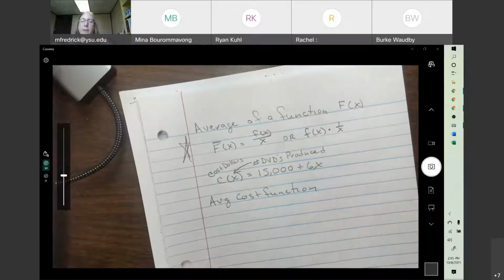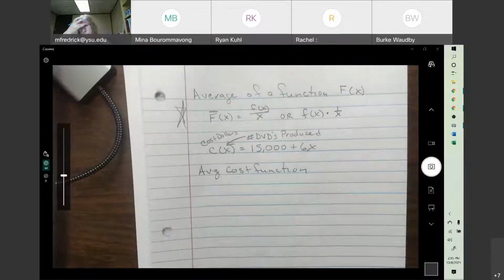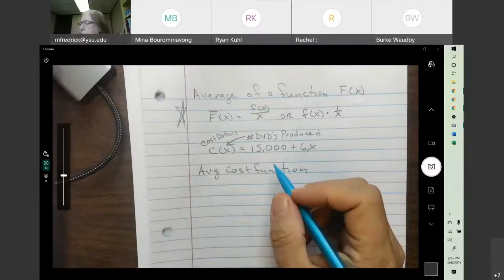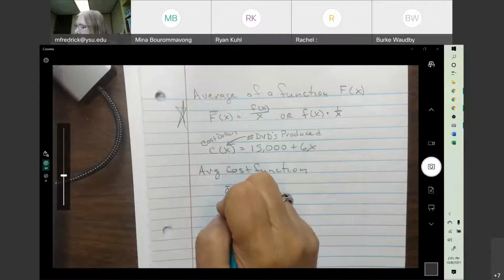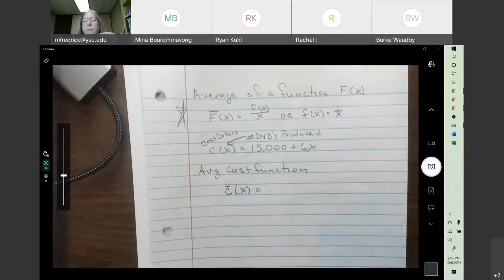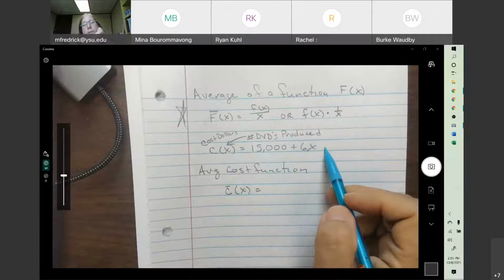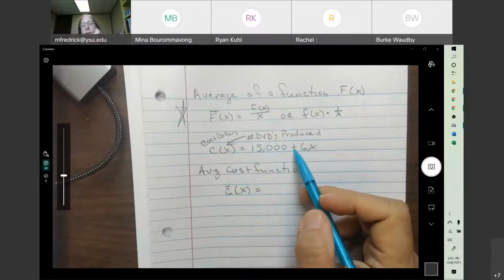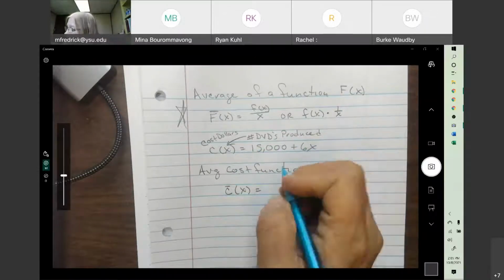So first we'll find the average cost function. This is a polynomial, and you just place it over x.